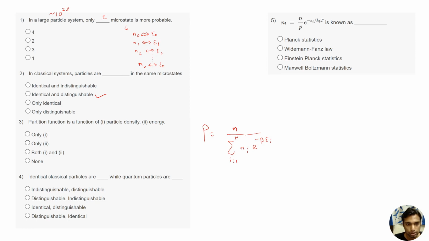Ei is the energy, or epsilon i, and Ni is the number of particles. It is not particle density. Okay, so the correct answer is only energy.